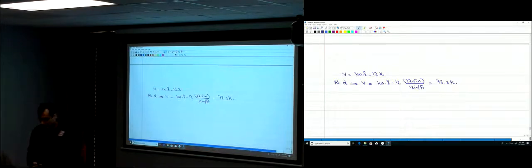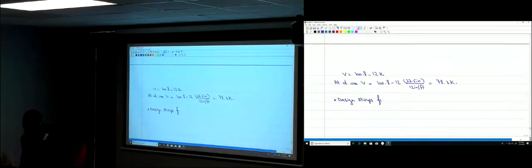Let's see now. So this is 78.3, design for that magnitude. So now we need to design stirrups. We need to find the spacing for V ultimate of 78.3 K. You find Vs, which is V ultimate minus phi Vc divided by phi.